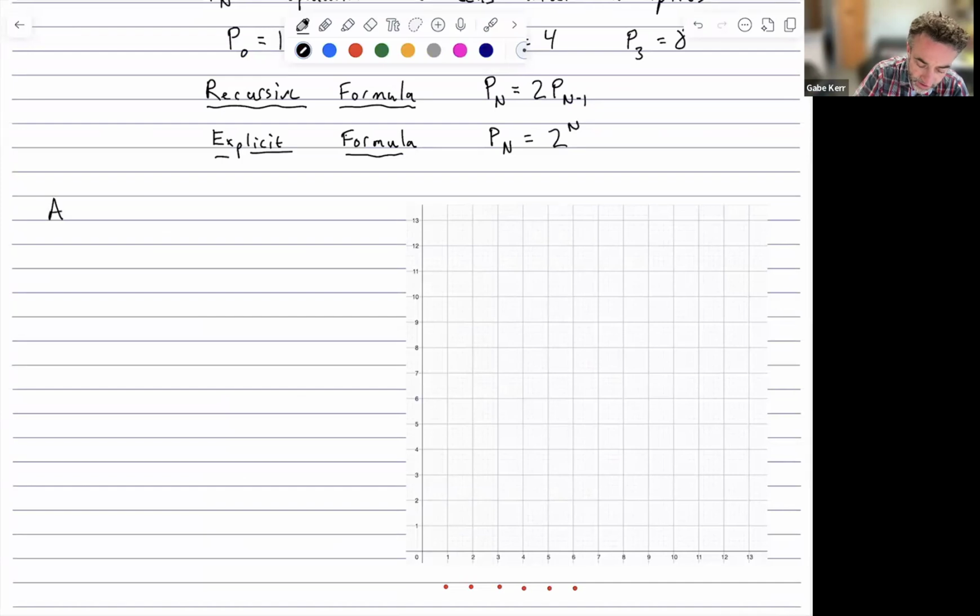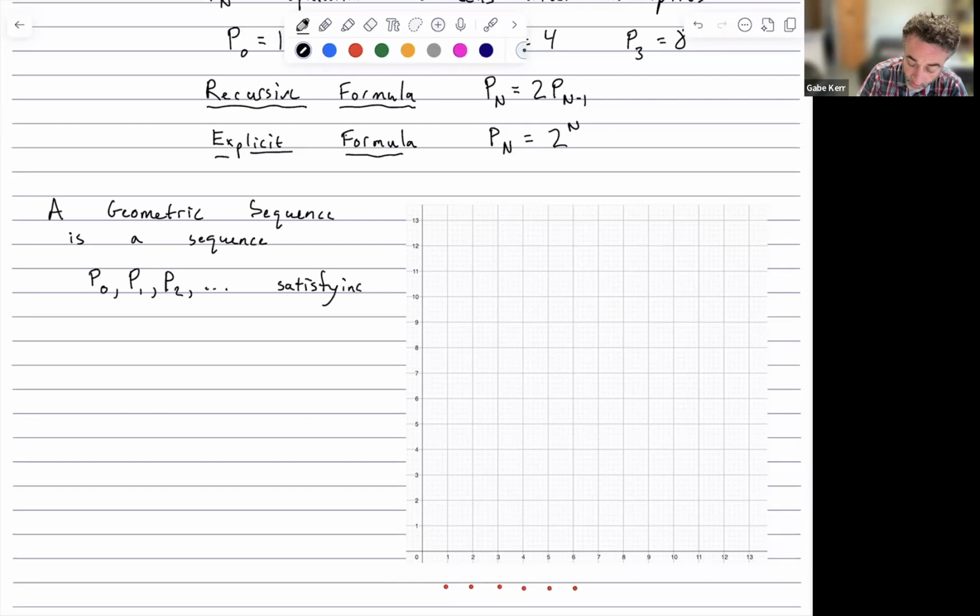So a geometric sequence is a sequence, and again, I'll use these P values, P naught, P1, P2, on and on, satisfying a recursive formula: P sub n is equal to r times P sub n minus 1.